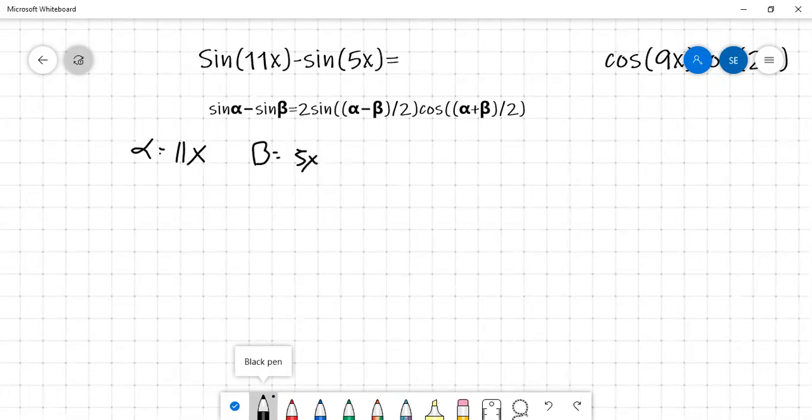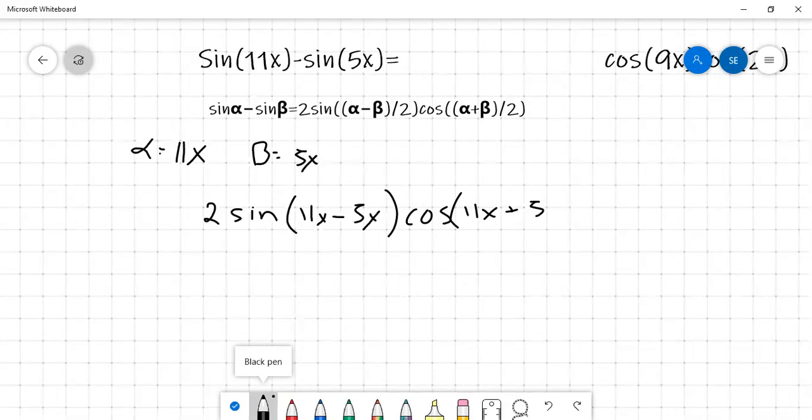Now we can use this formula to evaluate this equation. We have 2 sine of alpha minus beta over 2, so that's 11x minus 5x, and cosine of alpha plus beta over 2, so 11x plus 5x. Sorry, this is divided by 2.